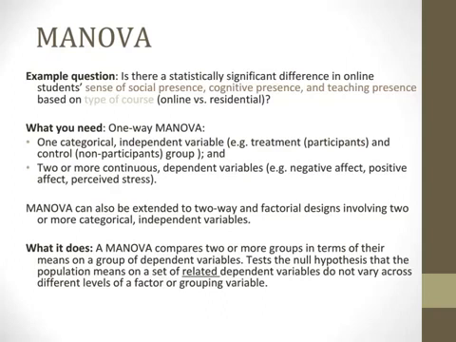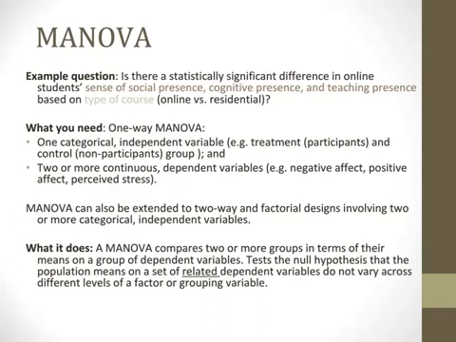Now, a MANOVA is used when you have one categorical independent variable and two or more continuous, related, or correlated dependent variables. If the dependent variables are not related or correlated, you can do multiple t-tests or multiple one-way ANOVAs. But if they are correlated, to decrease the risk of type 1 error, a MANOVA should be run.